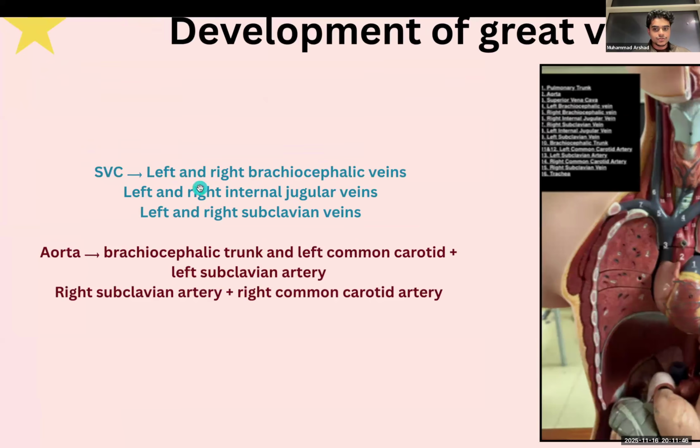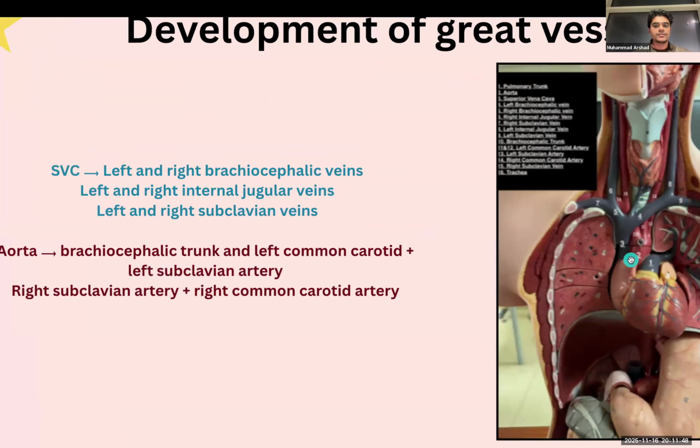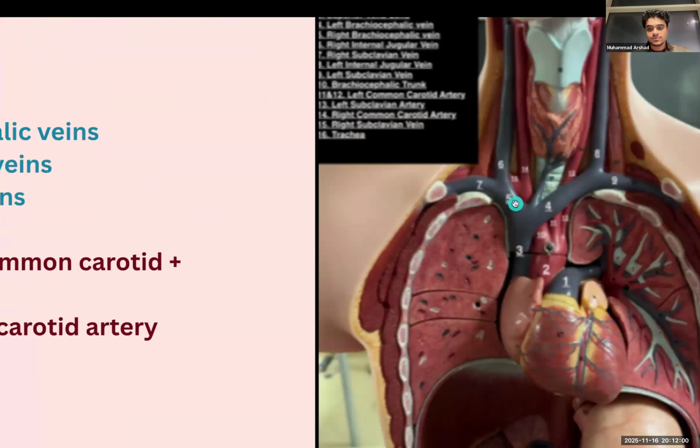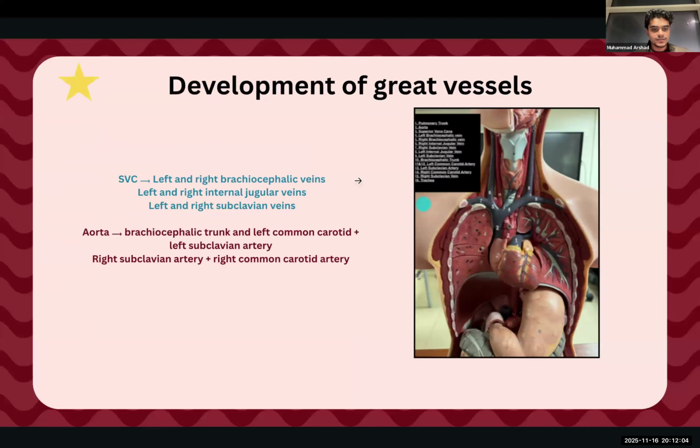to basically just break it down, let's just start off with the major veins first. What you need to know for this OSPE is that you're going to start off with the superior vena cava, which is this one, and it's going to go ahead and split, right? And when it splits, it's going to split into left and right brachiocephalic veins.